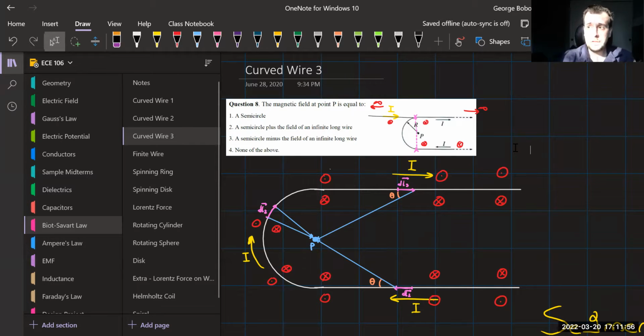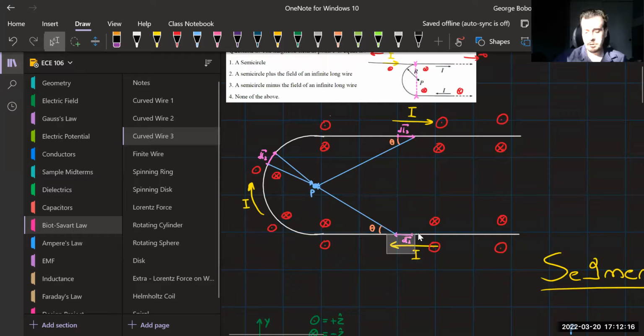Kelly, the quickest way to tell is by the cross product. If you have dL and R being parallel or anti-parallel, you know they're not going to contribute. But in this problem, for the bottom segment, here's dL, here's R. They're neither parallel nor anti-parallel.